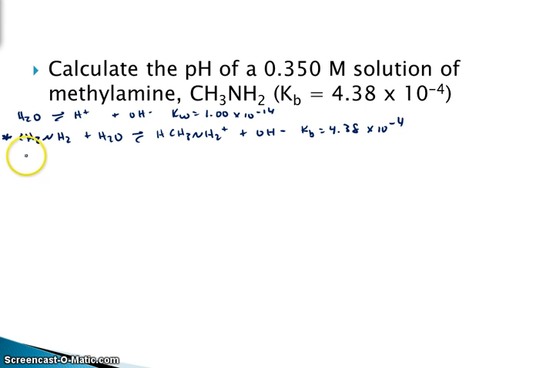And we'll write our Kb expression. So Kb will equal the concentration of the methylamine ion, times the concentration of our hydroxide ion over the concentration of our methylamine.